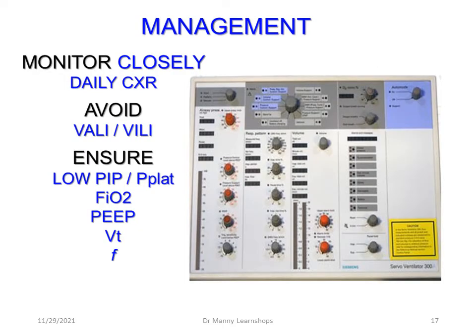You monitor closely the daily chest x-ray, avoid ventilator-associated lung injuries, ventilator-induced lung injuries, and ensure that there is a low peak inspiratory pressure if possible, a low plateau pressure, low FiO2 oxygen percentage, PEEP, tidal volume, and frequency of ventilation.